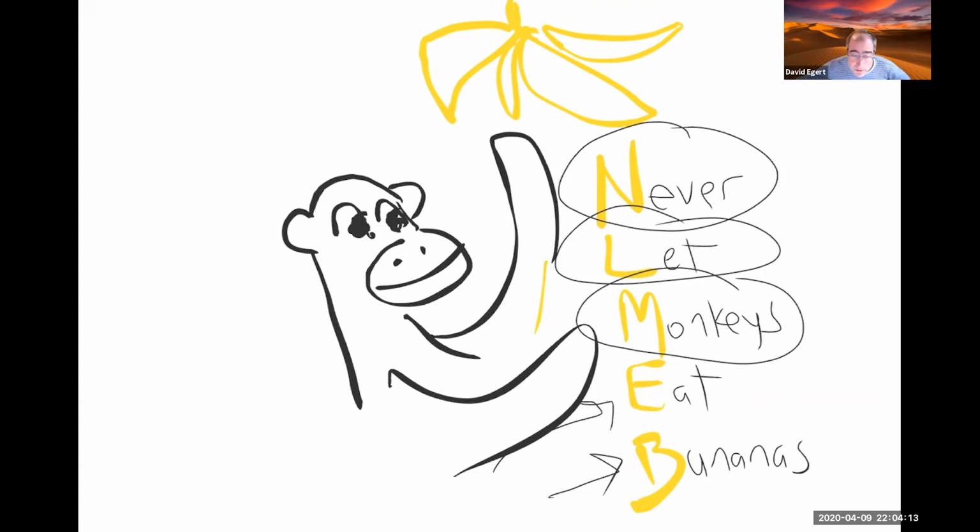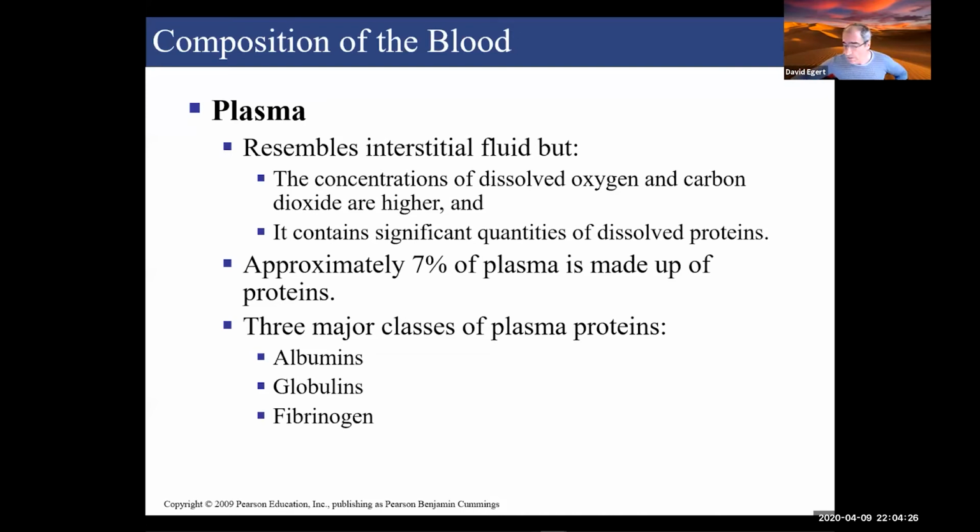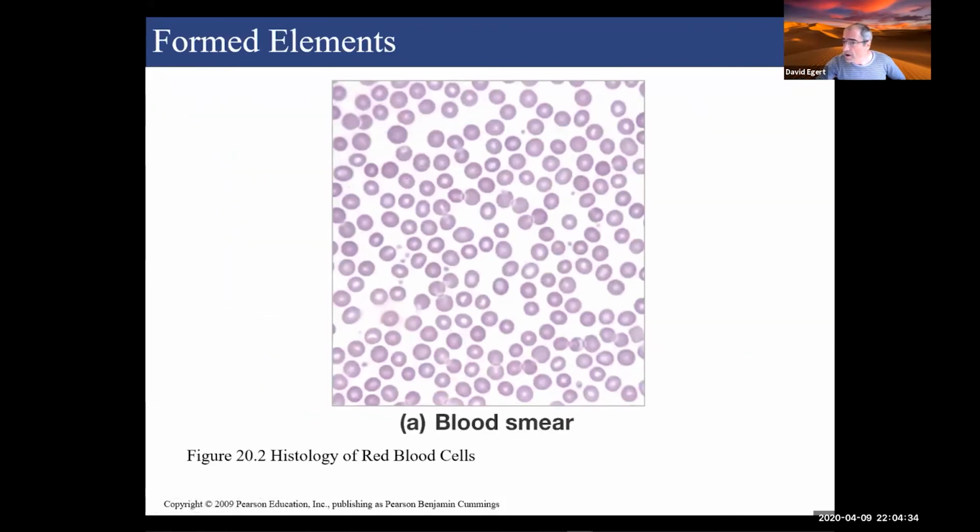I'm going to share the PowerPoint from Marib. So here's a blood smear.